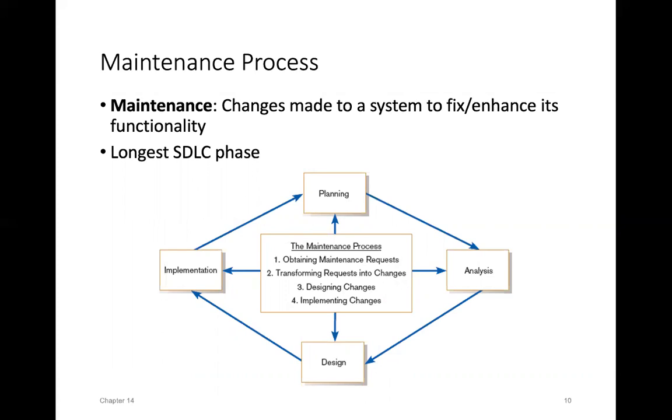So this is our fifth phase of the SDLC. So we had planning, analysis, design, implementation, and now maintenance. And if I look inside the maintenance, if I want to make a change request, what do I have? The actual maintenance process, you can see in that diagram in the middle, there are 4 steps: obtain maintenance requests, transform requests into changes, design changes, and then implement changes.